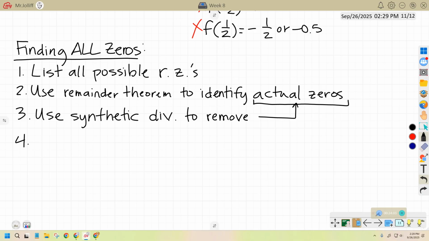So if you have a polynomial, an x squared that's not factorable, at the end of step 3, use the quadratic formula to find those remaining complex zeros. Quadratic formula.